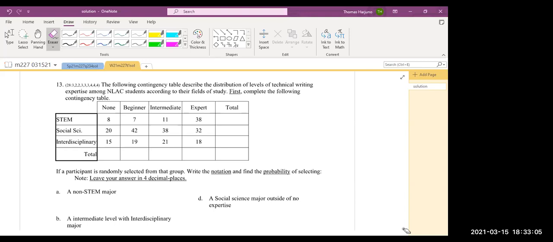Each one of them has its own strong point and weak point. If I can choose, I prefer a contingency table. But the contingency table doesn't really help us later on when we do what they call Bayes theorem. Let's add this first.